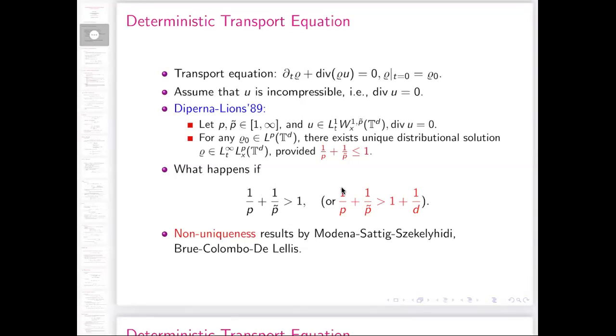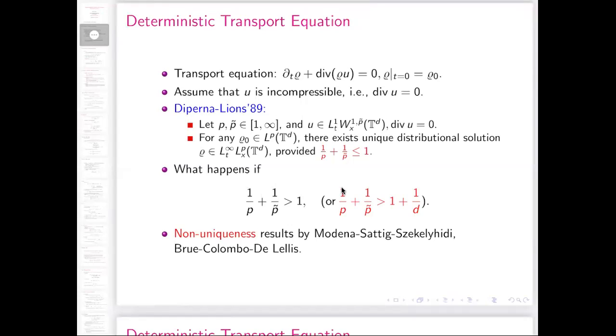You start with exponents p and p tilde from the interval 1 to infinity, and you are given a velocity field with this regularity: it's L1 in time with values in W1,p tilde. Remember p tilde is one of the exponents I started with. And this is an incompressible flow, so divergence is 0.